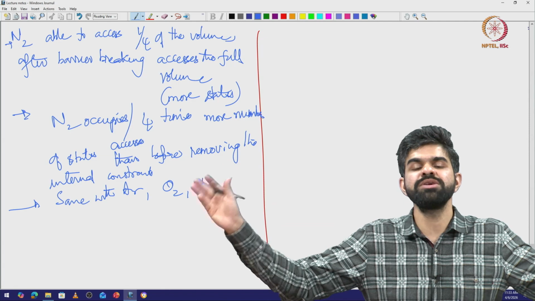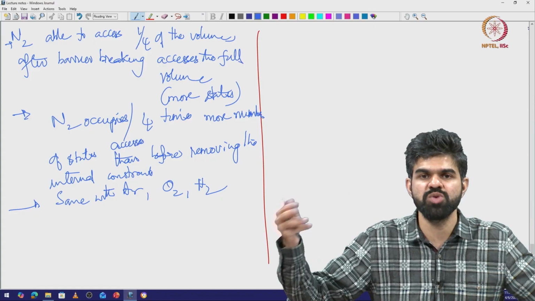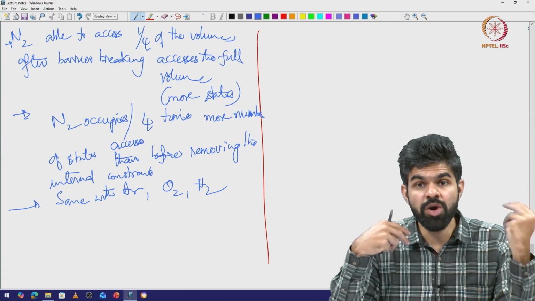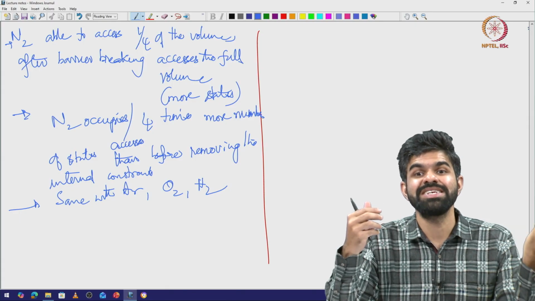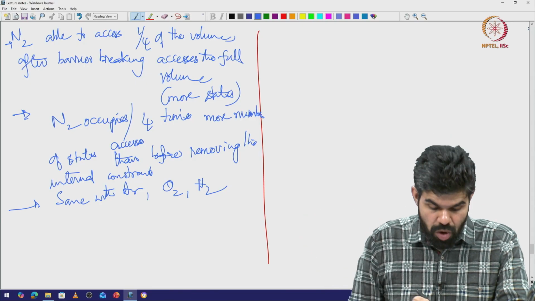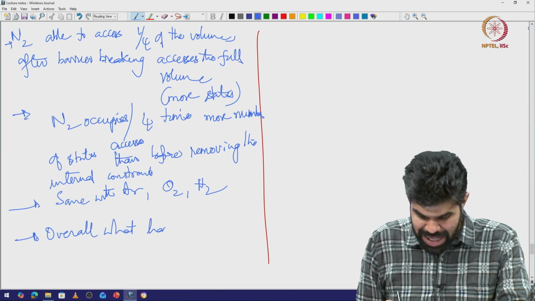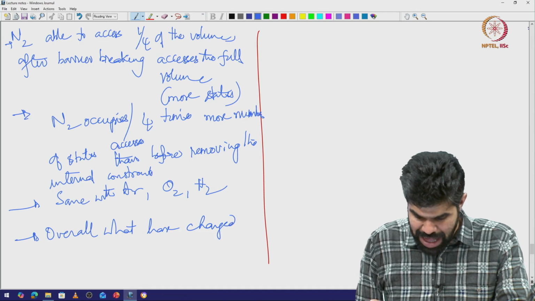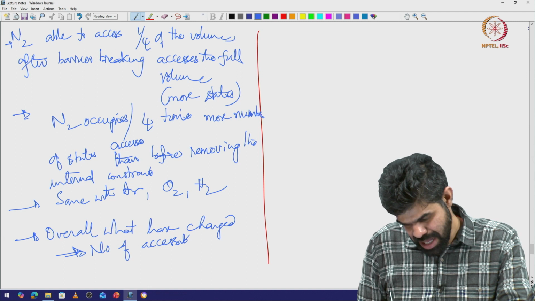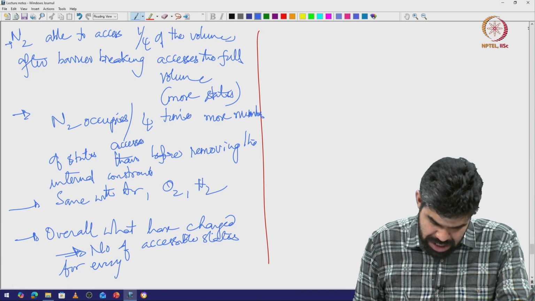They are all able to access much more space, many more states, 4 times more states than what was there before. So, overall, something has increased, that is, every individual molecule is able to access many more number of states. So, overall, what has changed is the number of accessible states for every species.